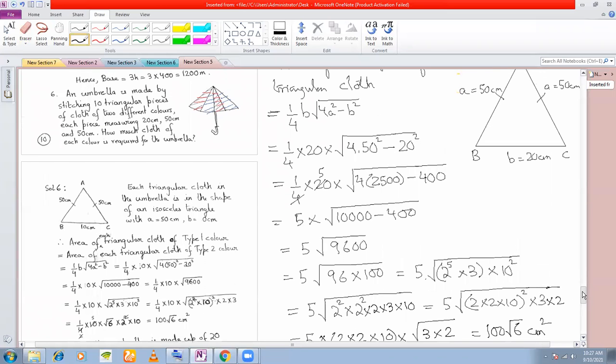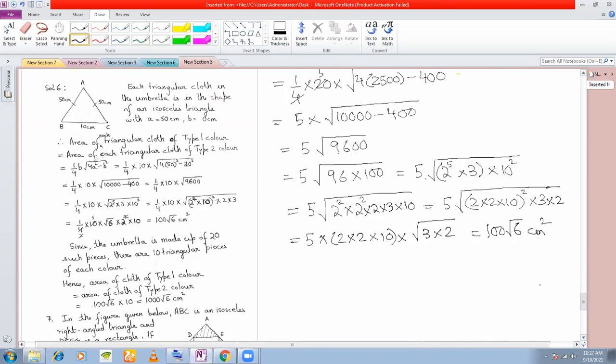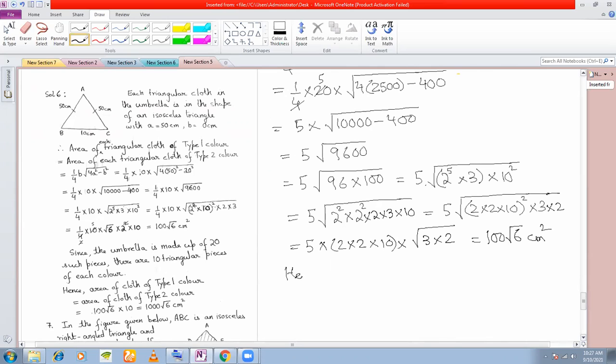How many types are there? Only two colors are there, right? Red and blue. If you see the question, it states how much cloth of each color. Of each color, how many cloths are there? There are 10 cloths of each color, right? Hence, the area. Excuse me, sir. Yes.